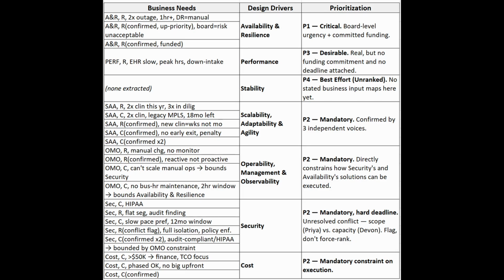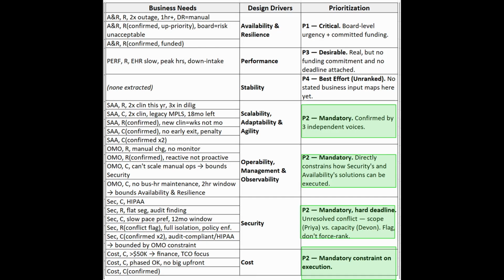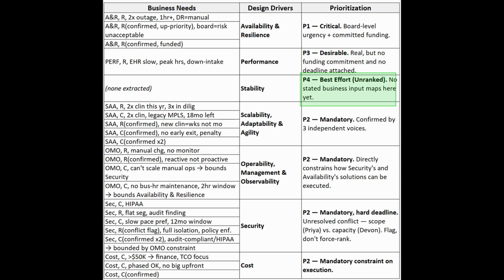Here's everything we pulled out of 6 documents, organized by design driver. Please notice that the priorities are being classified into 4 tiers: P1, critical; P2, mandatory; P3, desirable; and P4, best effort, or called unranked. The tier logic is as follows. P1, critical.